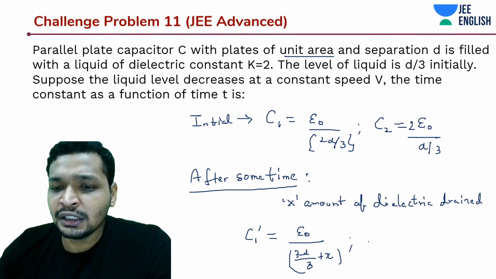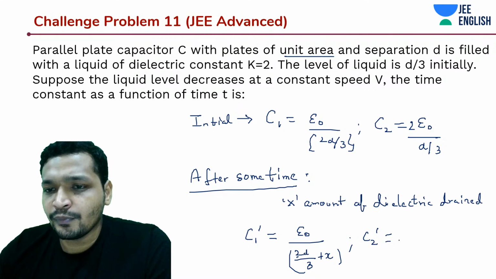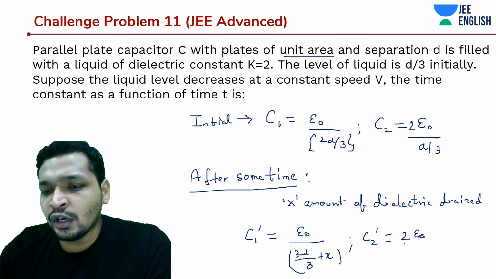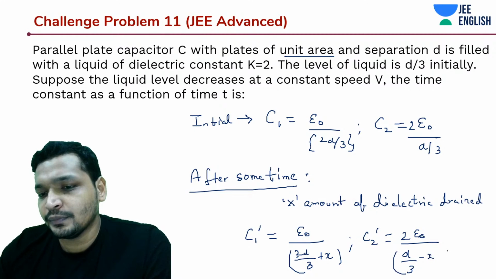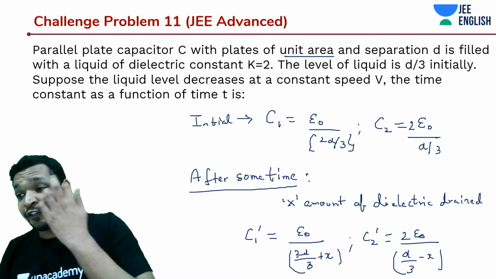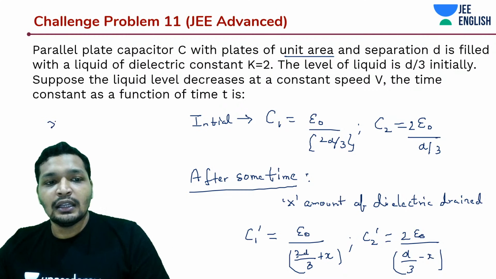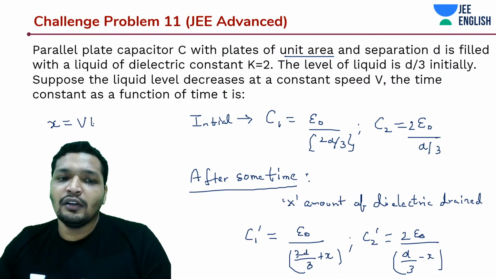And how about C2 dash? C2 dash has become 2 epsilon naught over d by 3 minus x. Now you know what to do. What is the value of x, guys? Velocity into time.